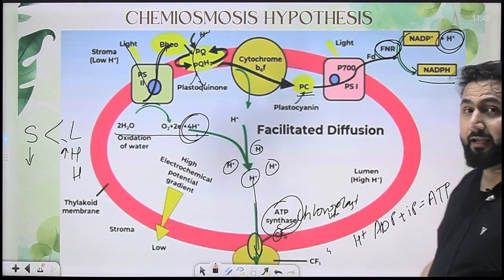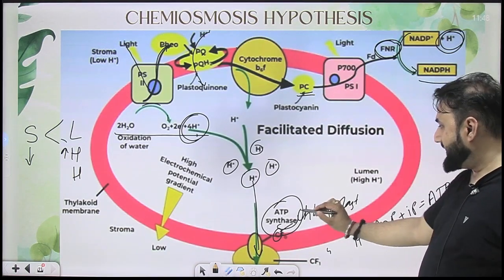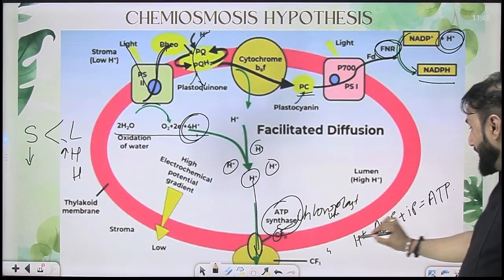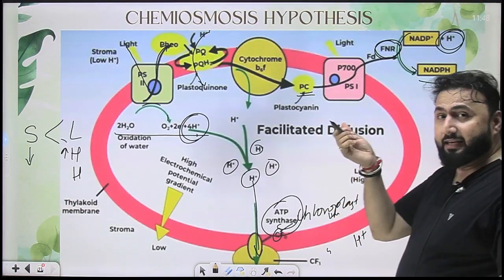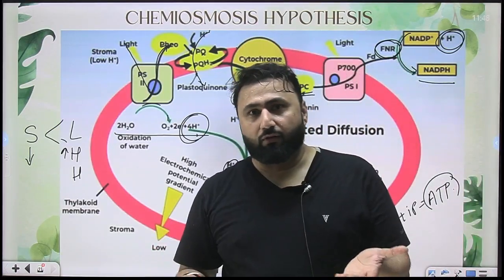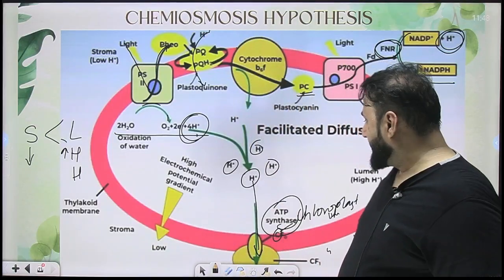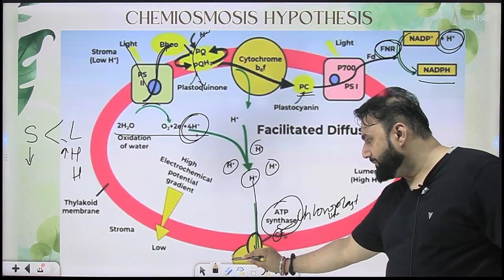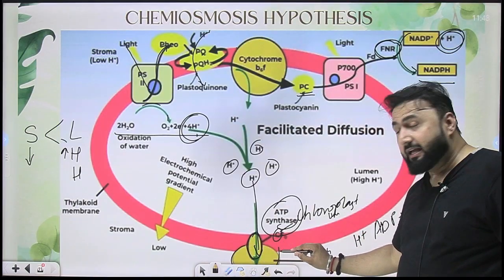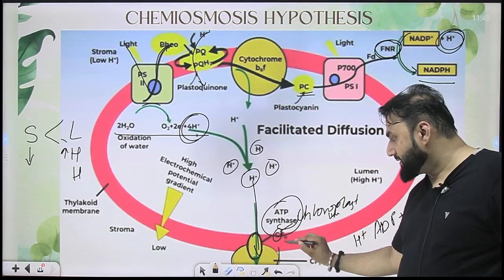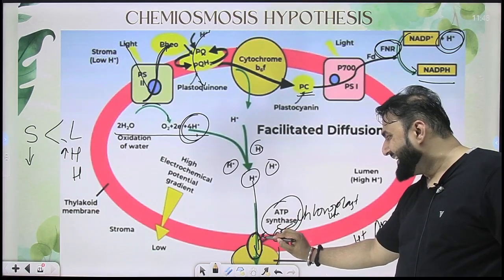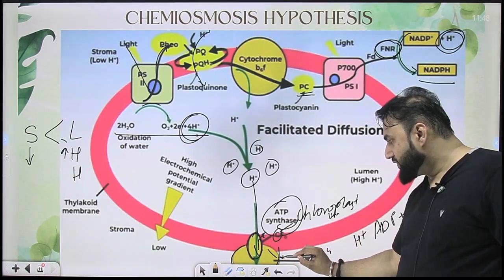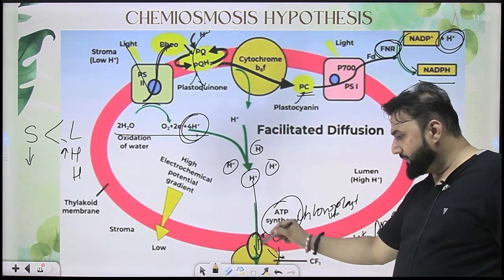So this gradient is helpful for the production of energy. The F0 particle is in the membrane, and the F1 particle is in the stroma, outside, not inside the lumen.